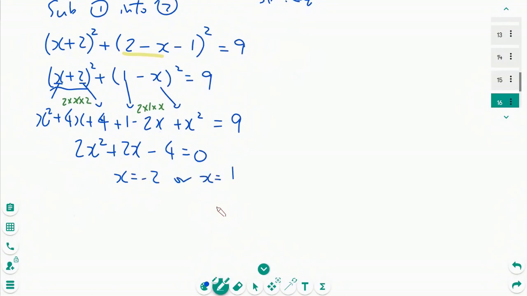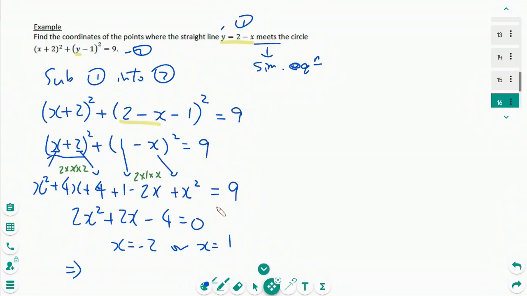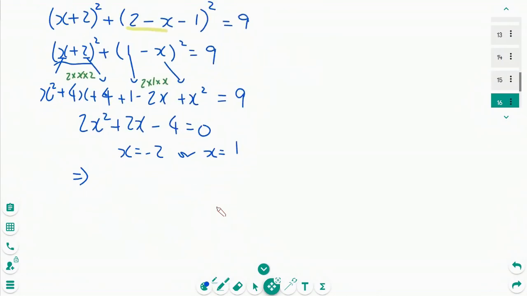Once you've found x, naturally we'll find y as well. We know y equals 2 minus x from equation 1. So y equals 2 minus minus 2, which is 4, or y equals 2 minus 1, which is 1. Therefore the intersection points are (minus 2, 4) and (1, 1).